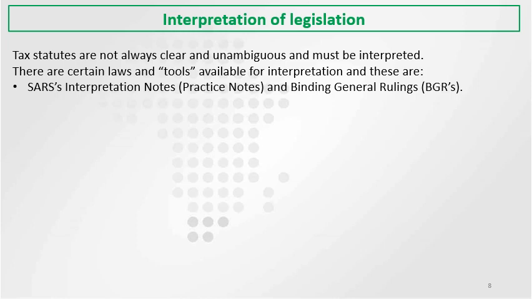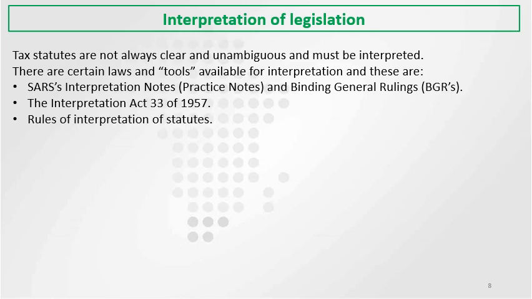One of them is SARS's interpretation notes, previously called practice notes, and binding general rulings. There's the Interpretation Act 33 of 1957. Then there are the Rules of Interpretation of Statutes. And then there's case law.